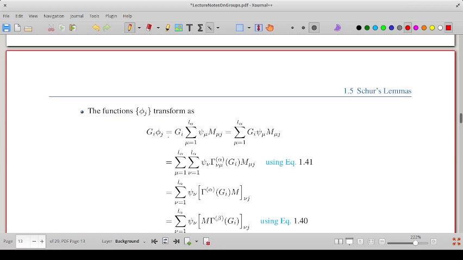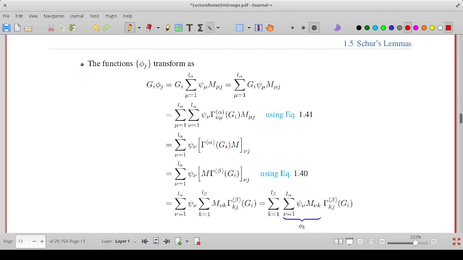So Gi on phi j is simply Gi on the linear combination, sum over mu psi mu m mu j. The group action is linear, so it can go inside the sum, act on this vector. So sum over mu Gi acting on psi mu times m mu j. Now psi mu is a basis for the representation gamma alpha, and the group action on it results in the vector given by this linear combination as we have just seen.